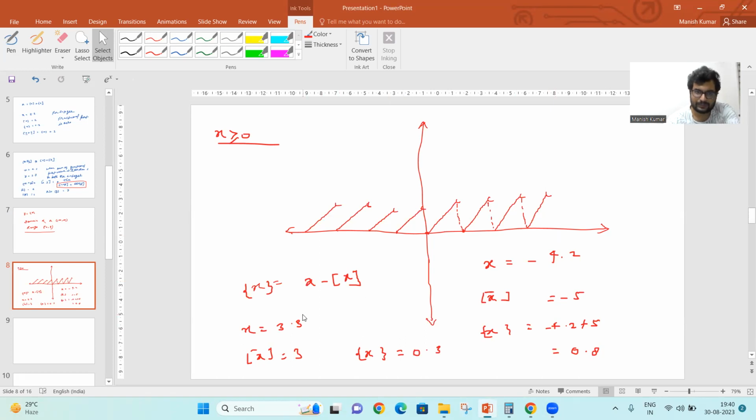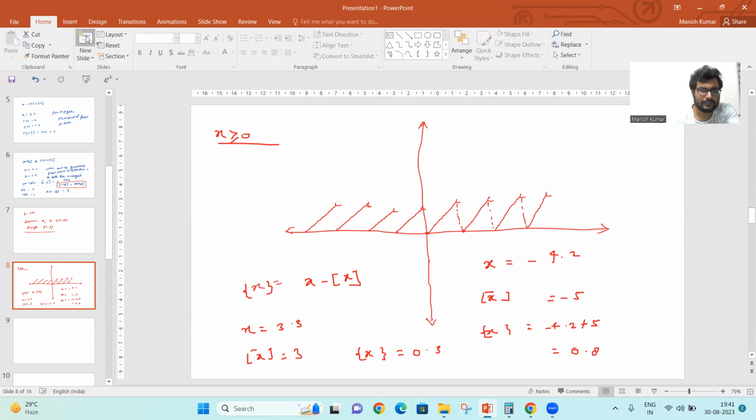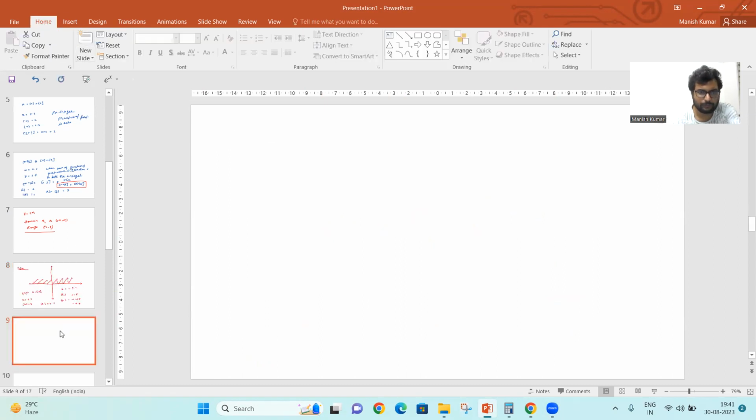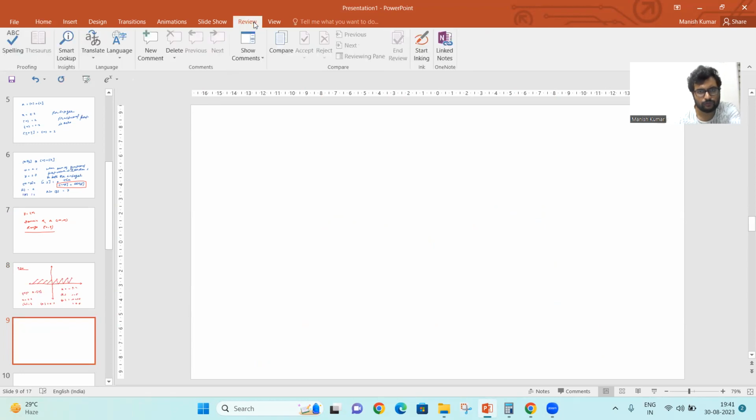So today I have finished the greatest integer function. Another function, less commonly used but also important, you should know: the greatest integer function is also known as the floor function, and there is the ceiling function.